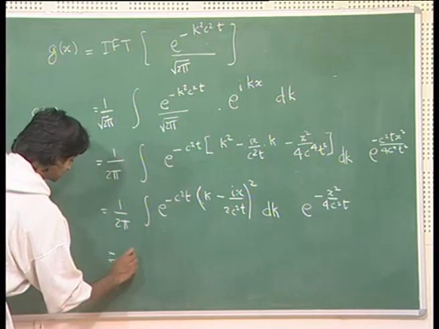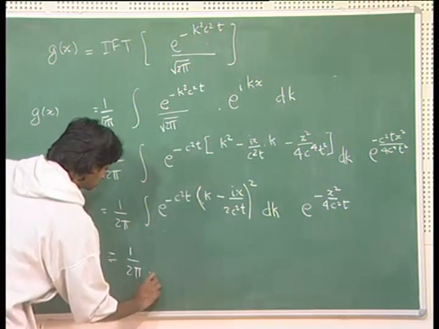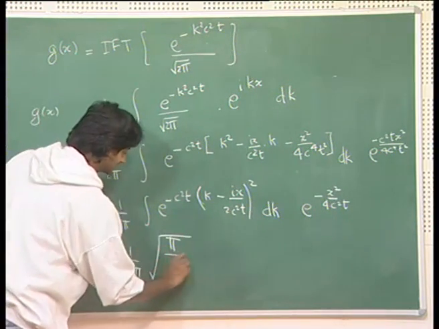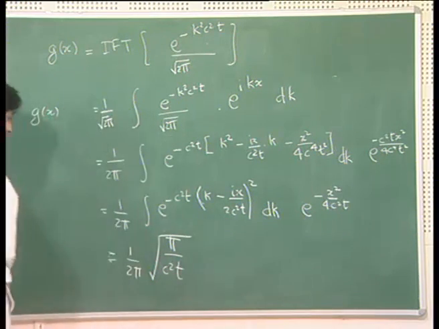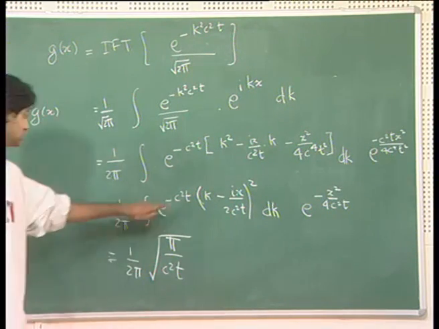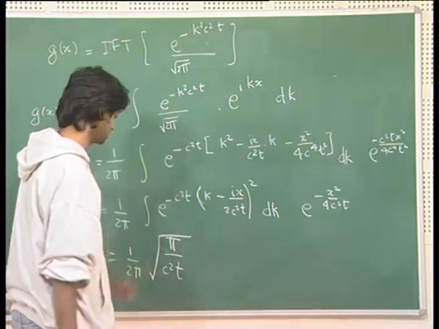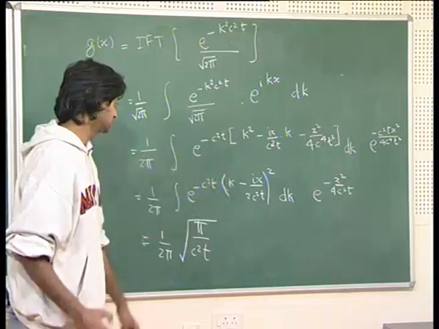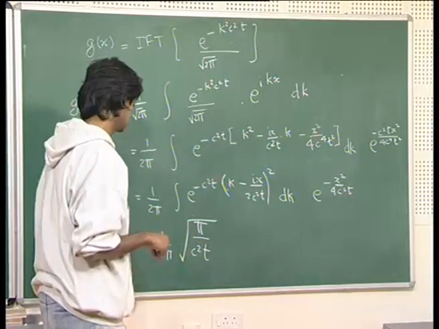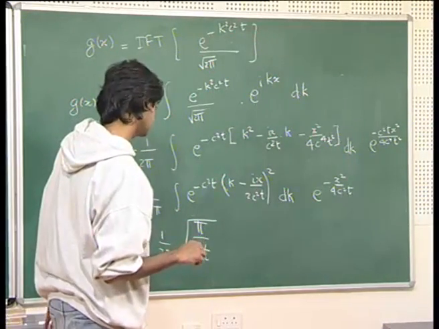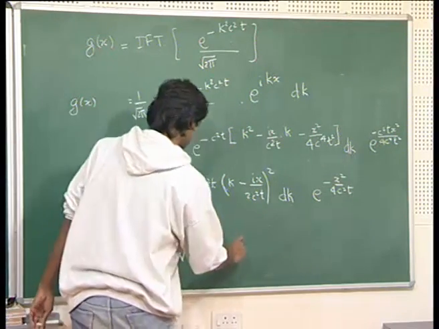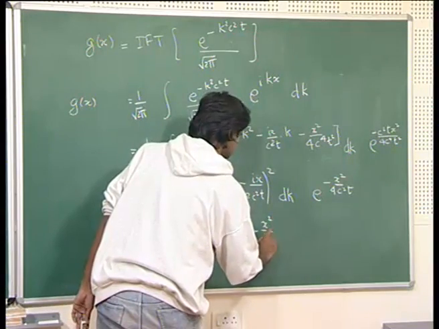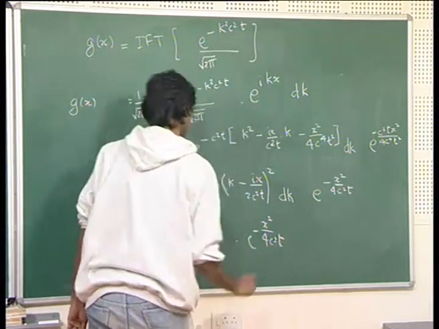So I can just write this integral as 1 over 2 pi times root pi divided by c squared t. The whole integral from minus infinity to infinity is just root pi by the coefficient of the Gaussian term, and that is root pi by c squared t. And this thing multiplies e to the minus x squared by 4 c squared t.